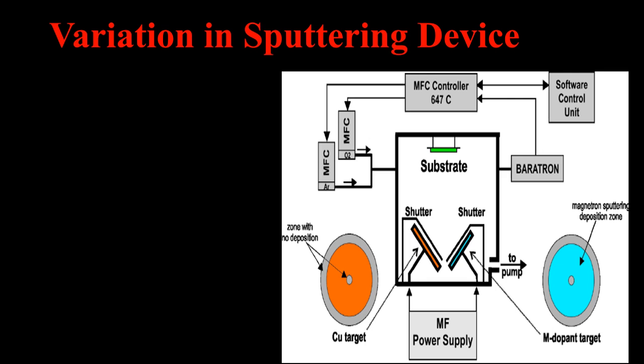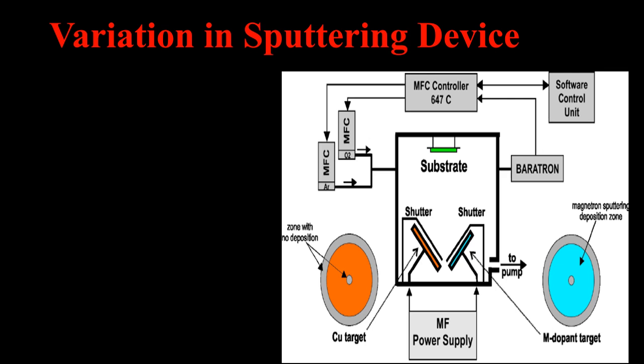So now coming toward the variation in the sputtering device. Dear students, till now we have discussed the simple sputtering apparatus, but the sputtering apparatus can be used to deposit very complex materials.